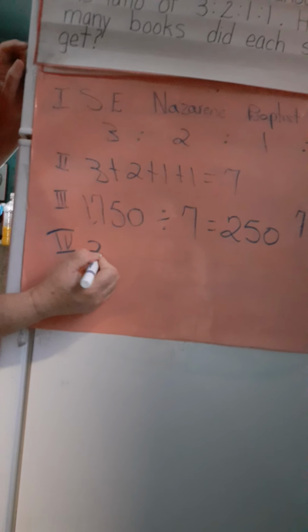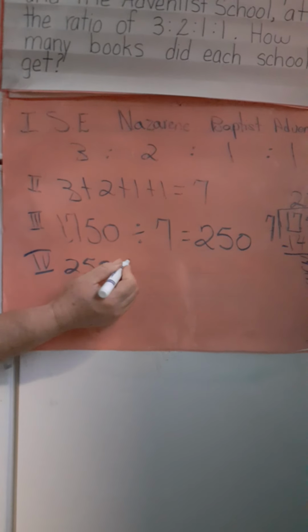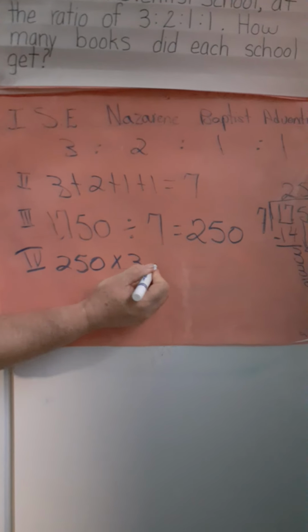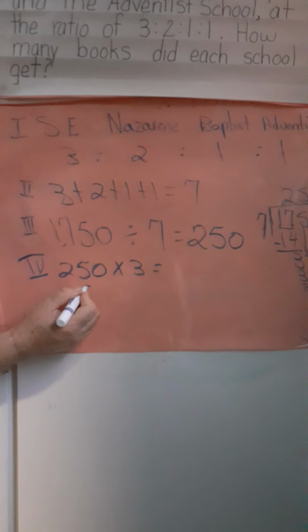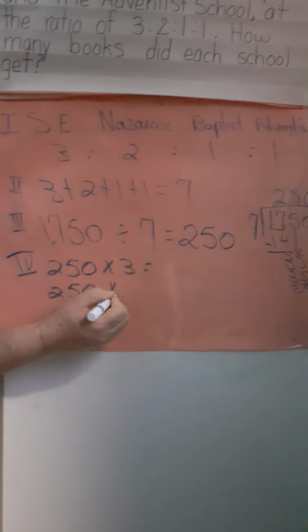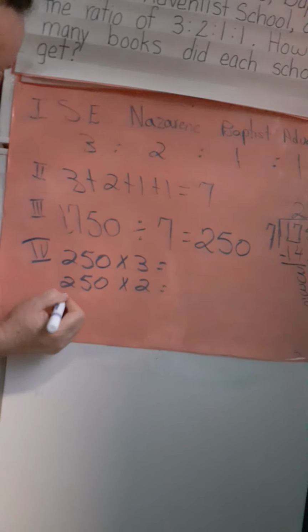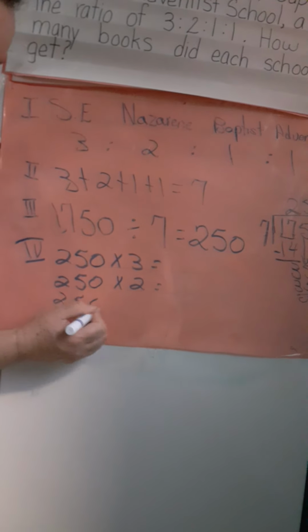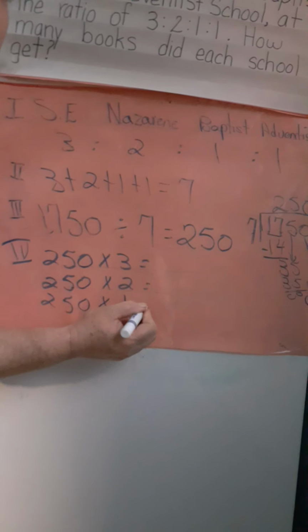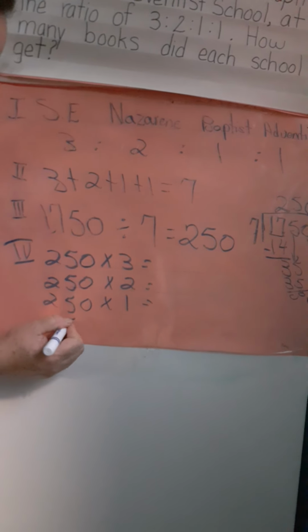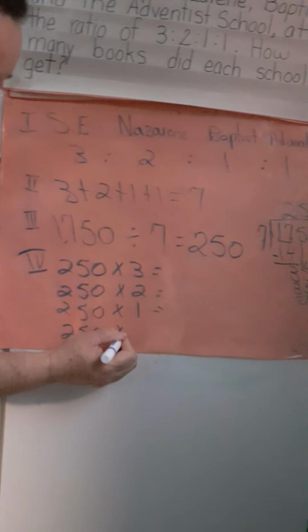So we say 250 times 3, 250 times 2, 250 times 1, and 250 times 1. Okay?